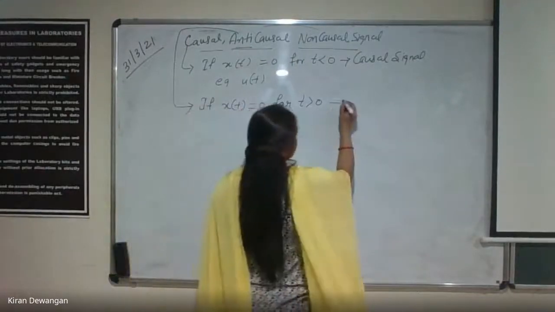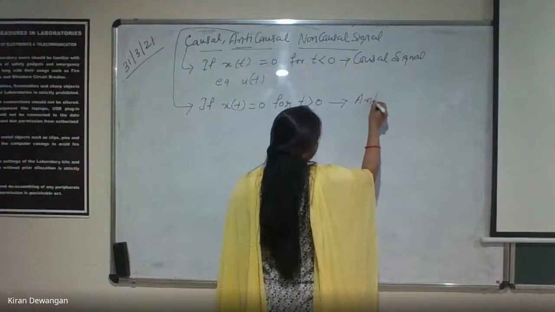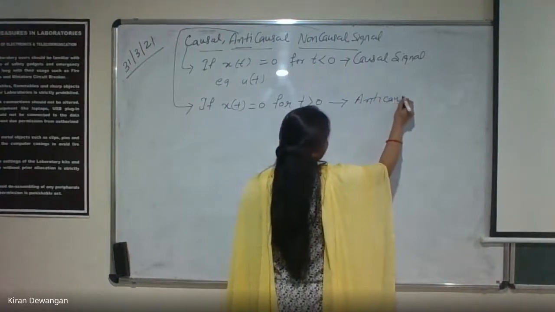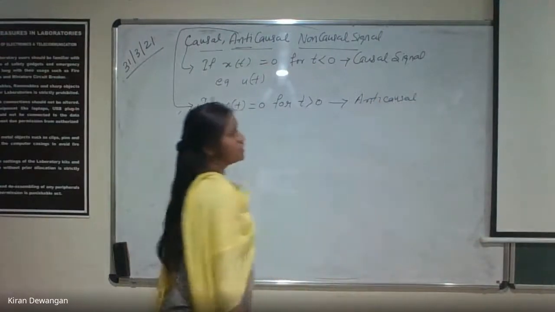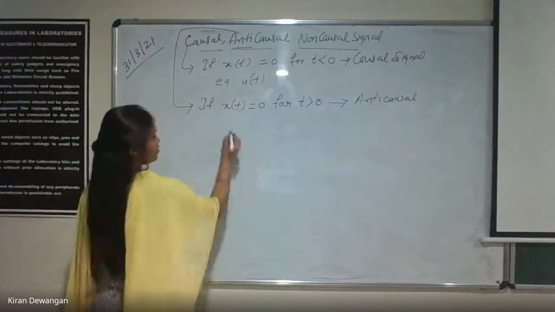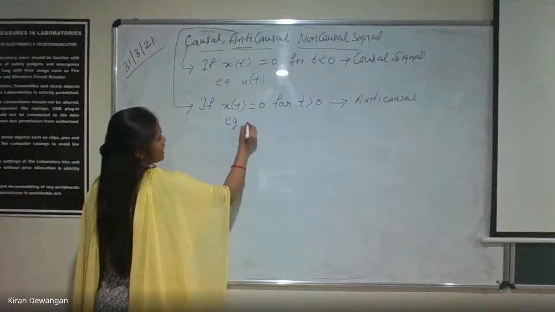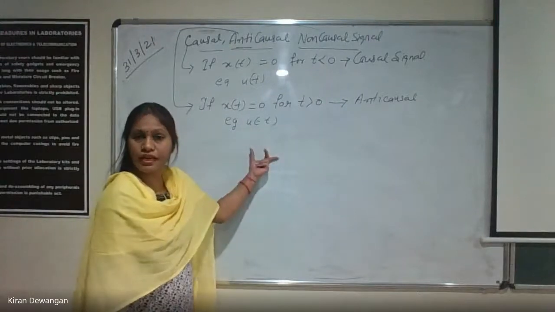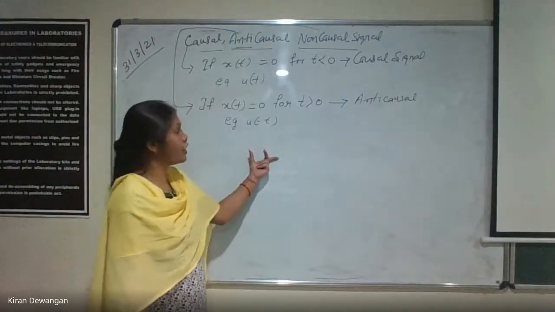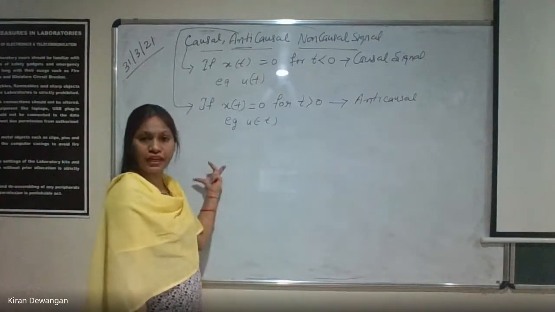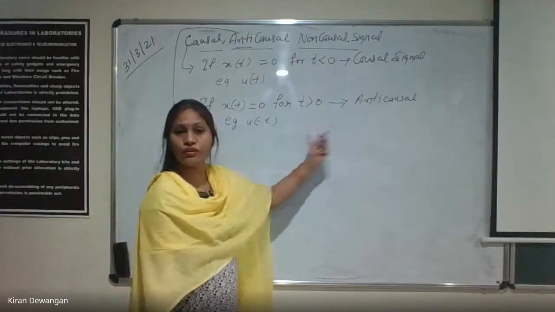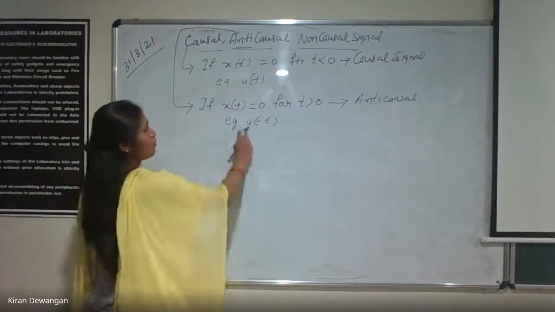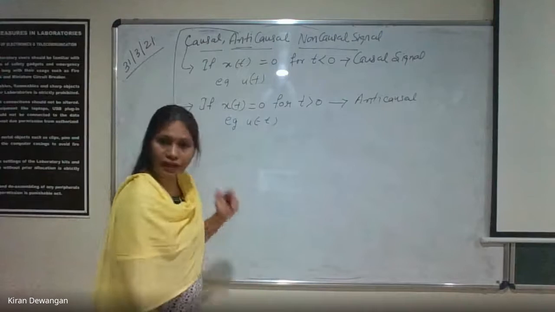An example is u of minus t. If you take u of minus t, it will be plotted for all the negative values of t, and for positive values of t it will be 0. So u of minus t is an example of an anti-causal signal.